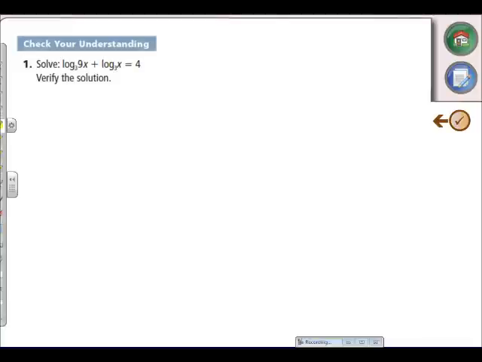Log base 3 of 9x plus log base 3 of x equals 4. They have the same base. We want to get this into a log equal to a number. Let's do this. So let's combine these using our log laws into a single log.